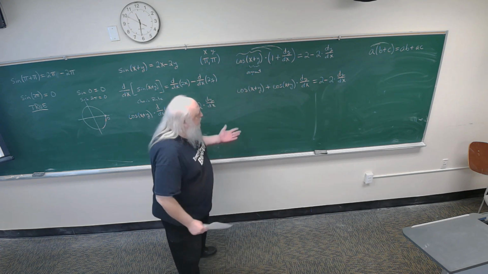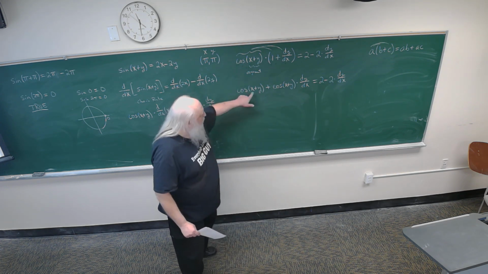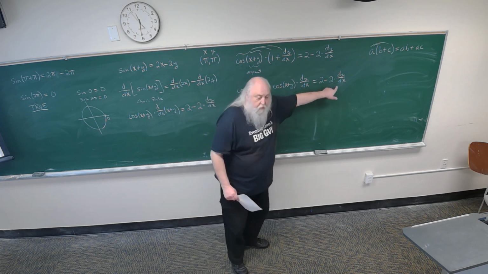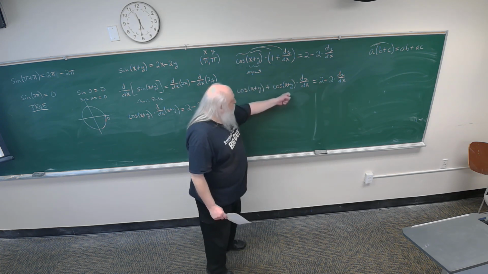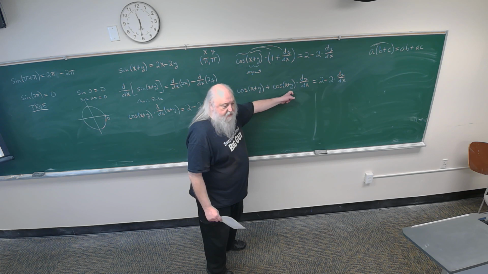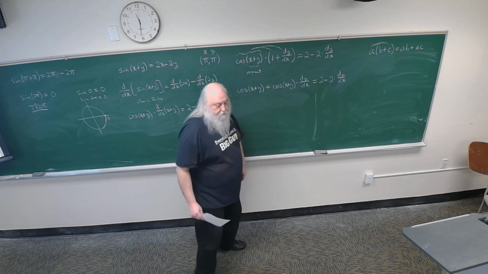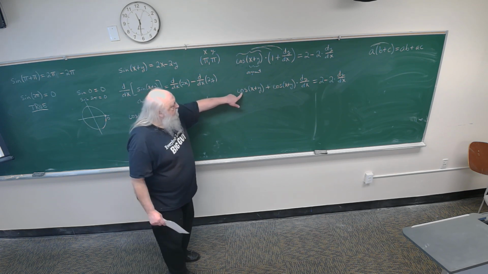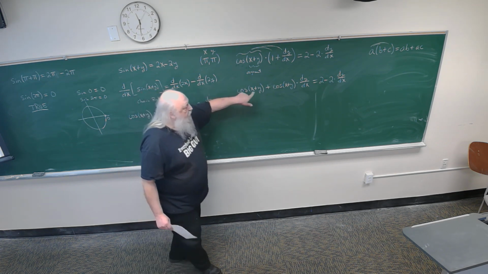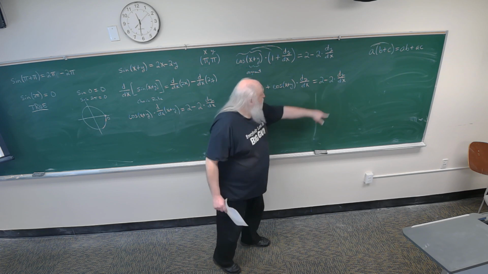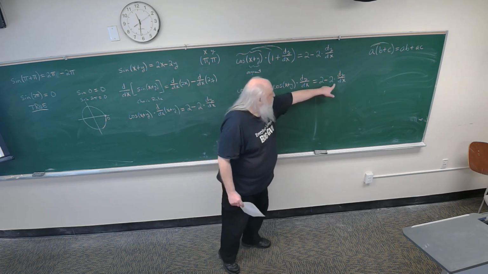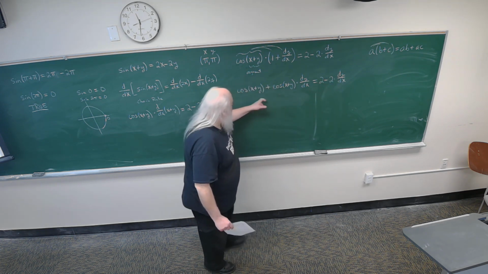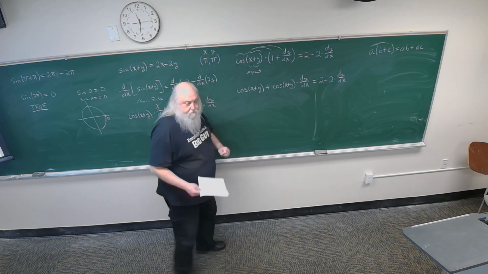And now you can see this equation has 1, 2, 3, 4 terms. 2 of the terms have dy over dx in them, 2 do not. Okay. So we got to move this cosine of x plus y to the right-hand side, and we got to move this minus 2 times the derivative of y with respect to x to the left-hand side.